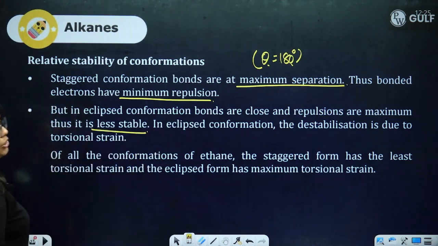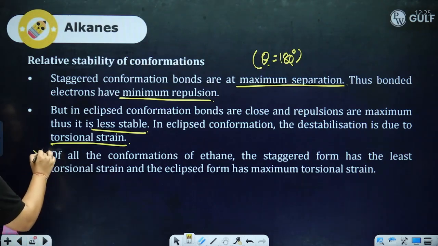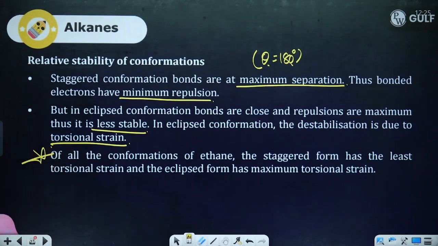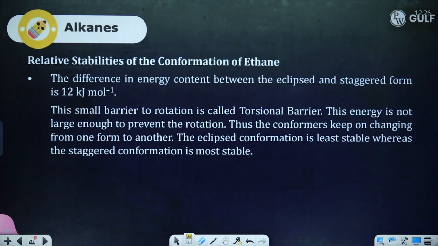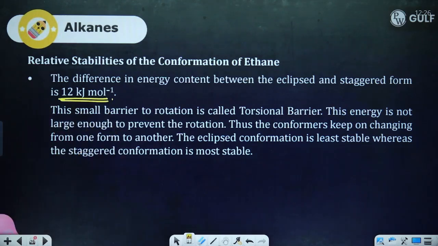In eclipsed conformation, the destabilization is due to the torsional strain. Of all the conformations of ethane, the staggered form has the least torsional strain and the eclipsed form has the maximum torsional strain. Okay, beta, I hope we are clear with this. The relative difference in energy content between eclipsed and staggered is 12 kilojoule per mole. This is a small barrier to rotation, called the torsional barrier.